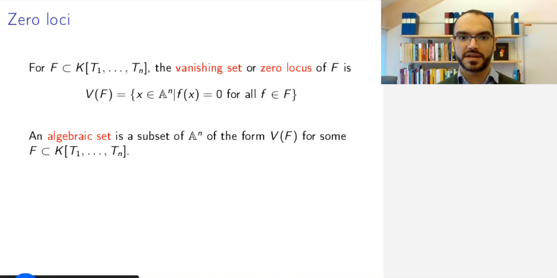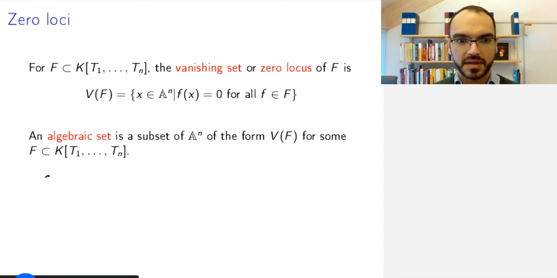And an algebraic set is a set of this form. So an algebraic set is a subset of the affine space that is the vanishing set of some set of polynomials. So far, the set of polynomials is quite arbitrary. It can be finite, it can be infinite. Now, I'm calling this an algebraic set, and this is somehow a way to sneak in the definition of affine varieties.